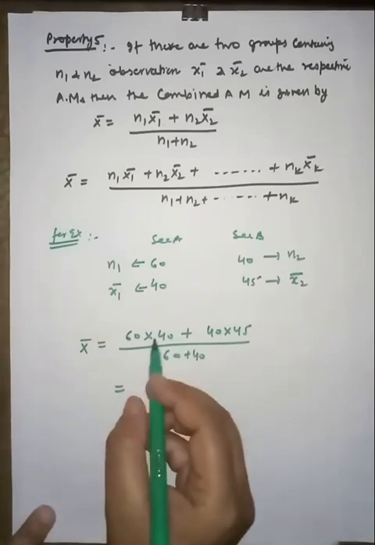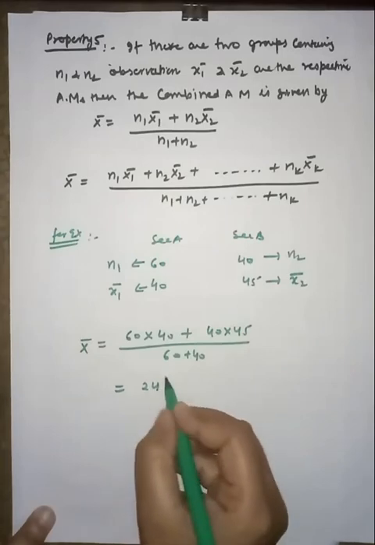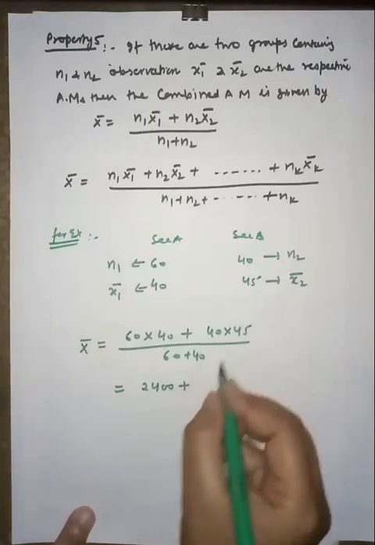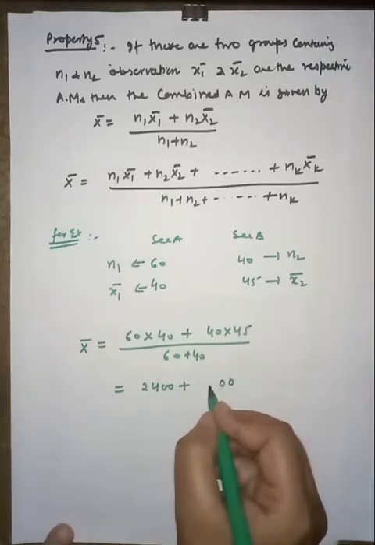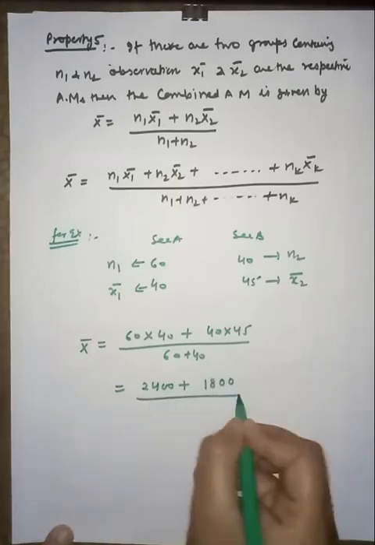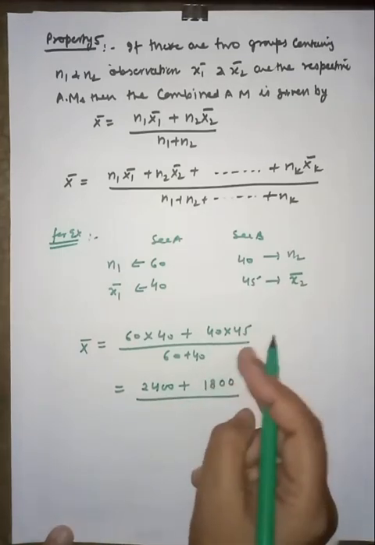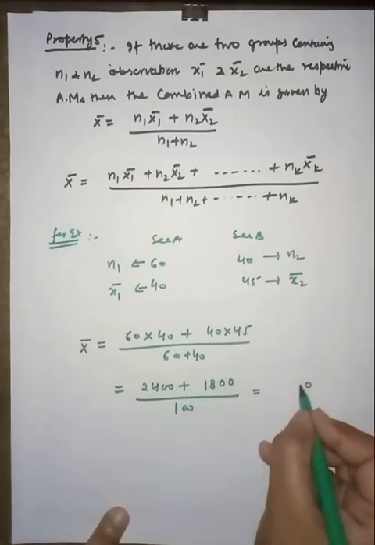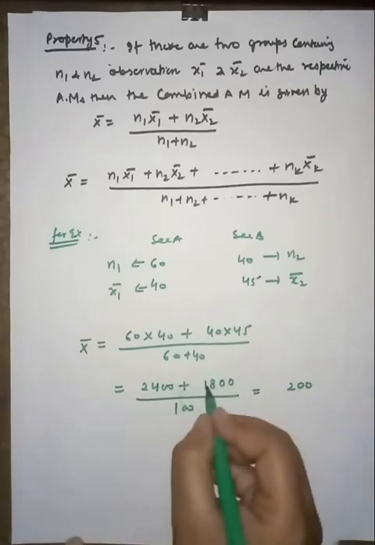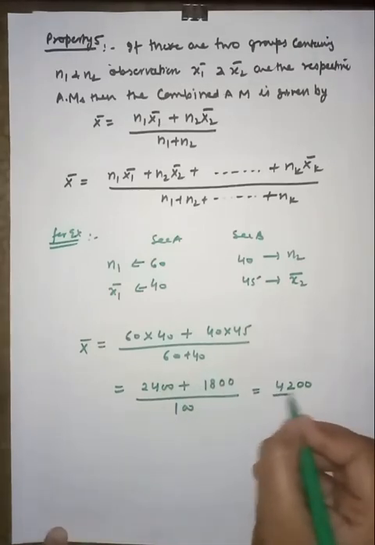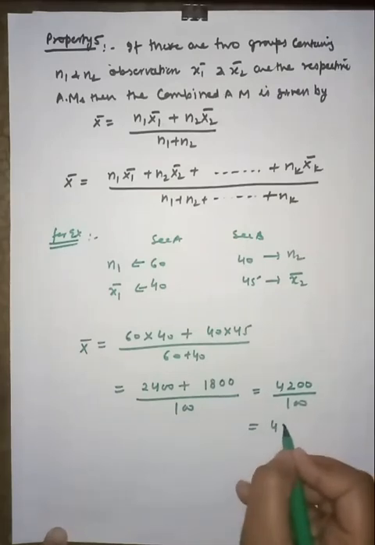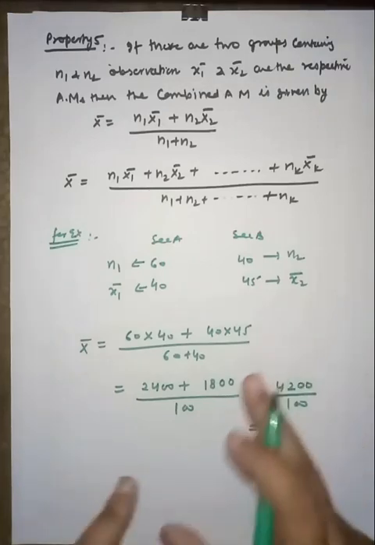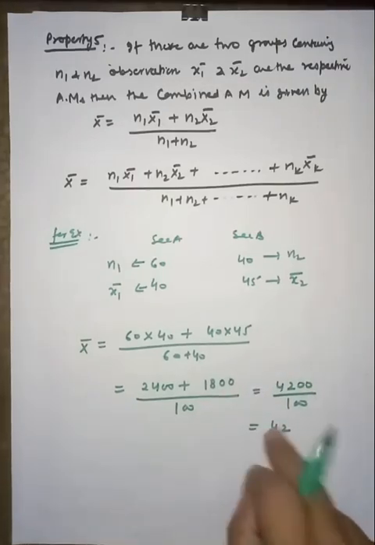This comes 2400, and this comes 1800. Adding, 4200 upon 100, and this comes 42. So the combined mean of the 100 students is 42, right?